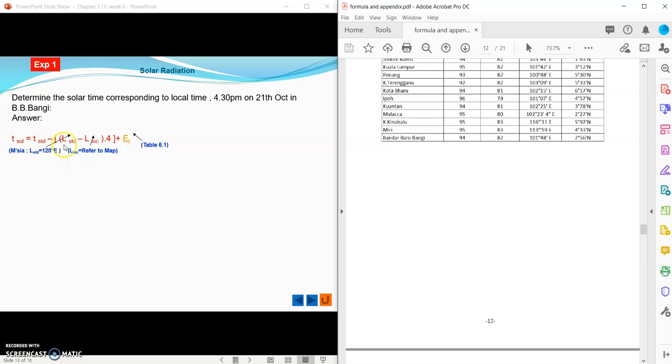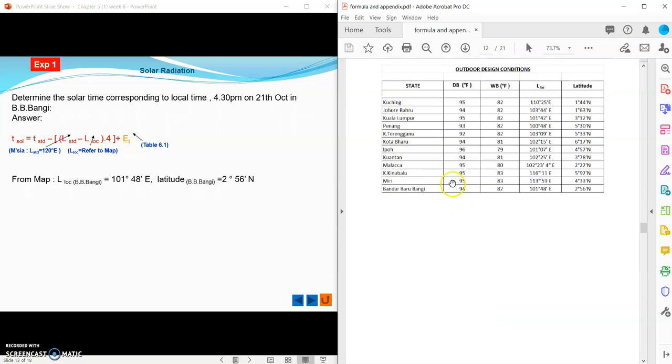L standard in Malaysia is constant at 120 degree east. So from the formula, this point will be constant, which is the L standard, 120 degree east, and then the 4 here. We want to find the T-sol from the map of L location for Bandar Baru Bangi.